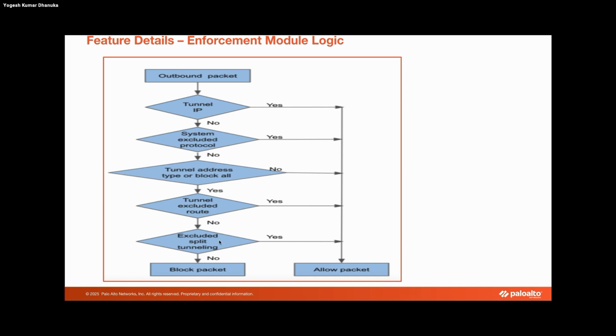Now, within split tunneling, we need to be aware of a few caveats, which we'll take note of again in the next slides. Essentially, the domain-based split tunneling would work based on the DNS resolution.